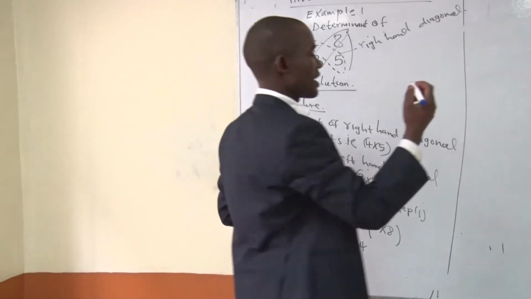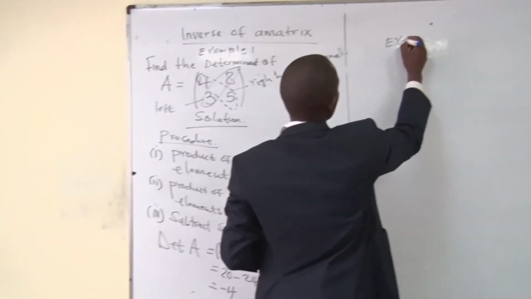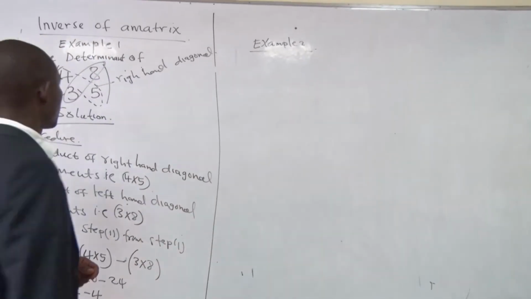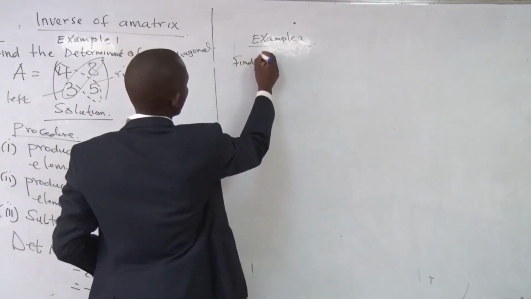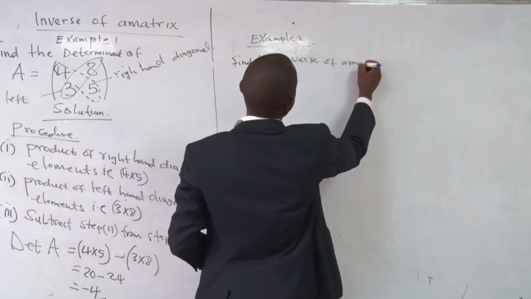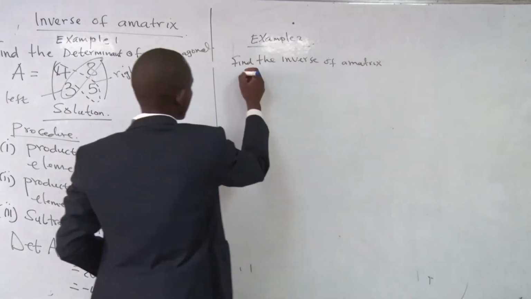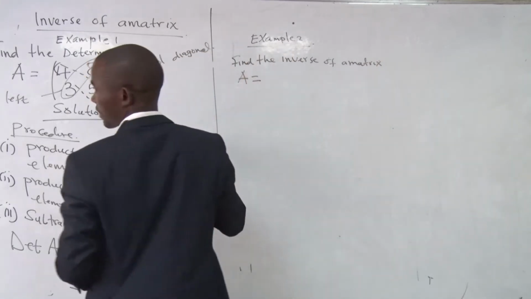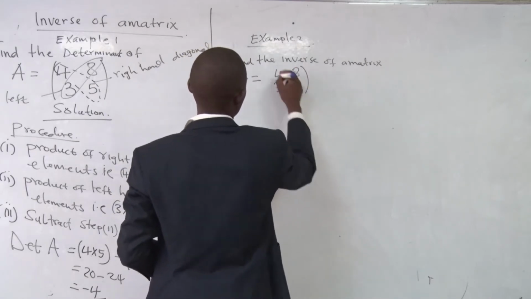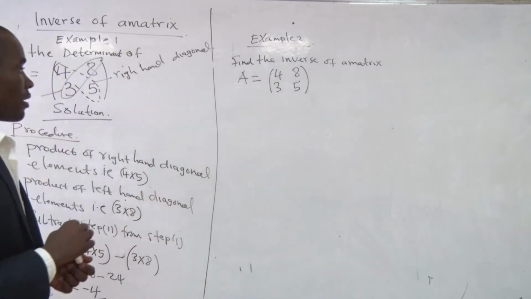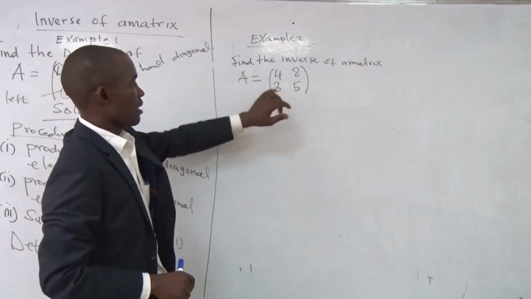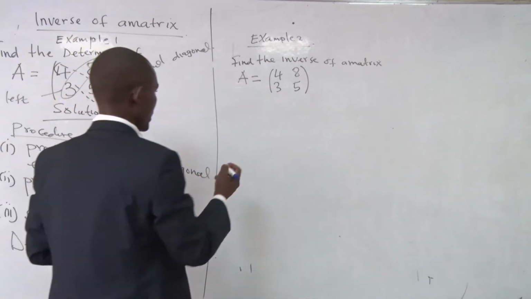We now move to the inverse. Example 2. Find the inverse of a matrix A, which is given as 4, 8, 3, 5. This means you need to undergo a number of procedures, as I'm going to list them here.